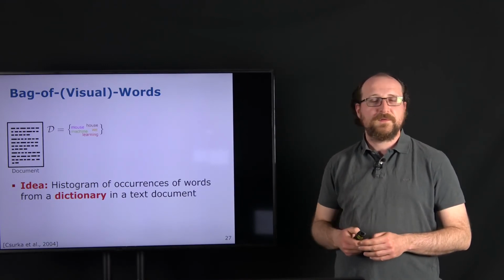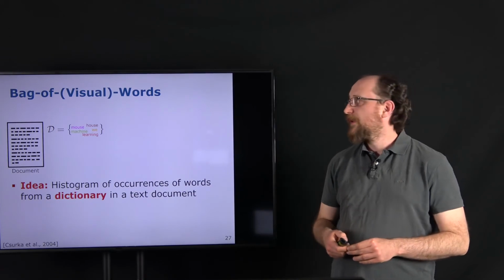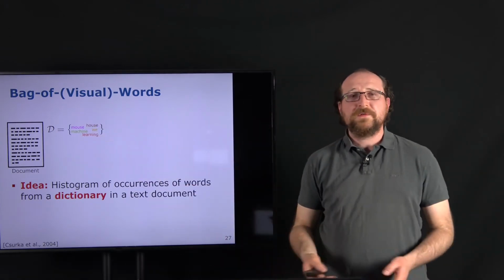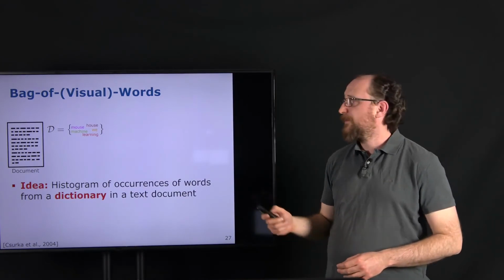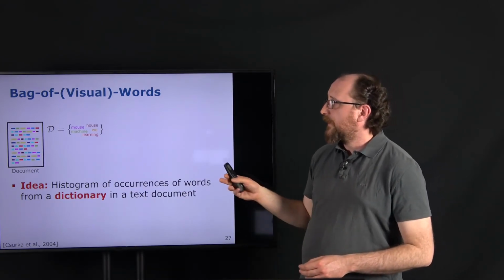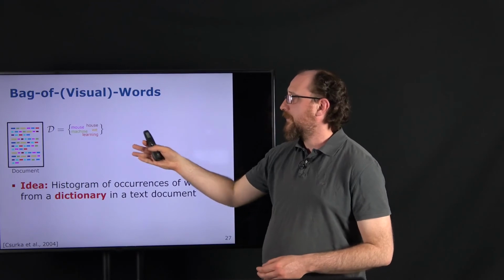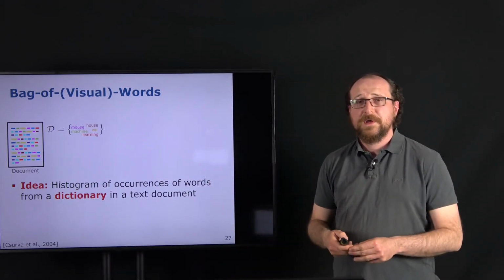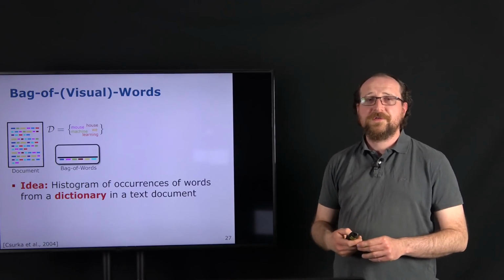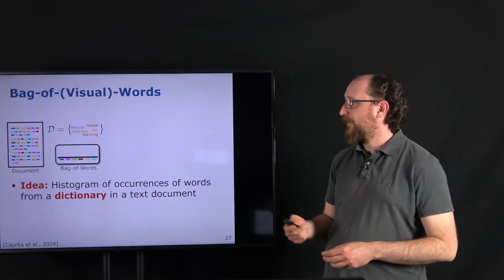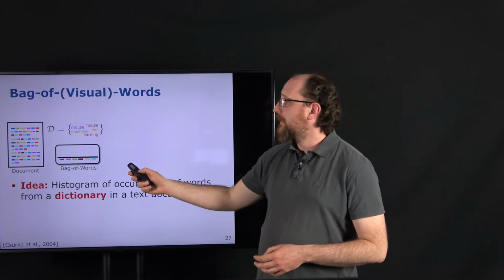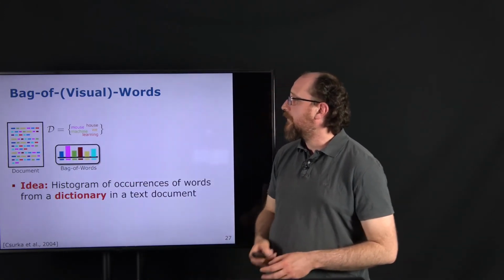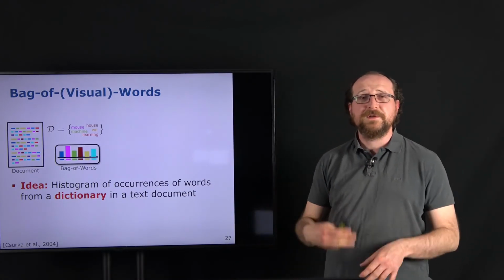For doing this, we use a dictionary, represented here by D, that contains all words. Each word in this document corresponds, of course, to some entry in this dictionary. From this, we can generate the so-called bag of words, which is just a histogram of the counts of how often the words appear in the text.